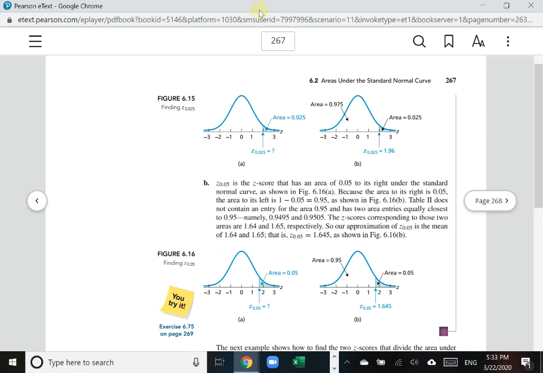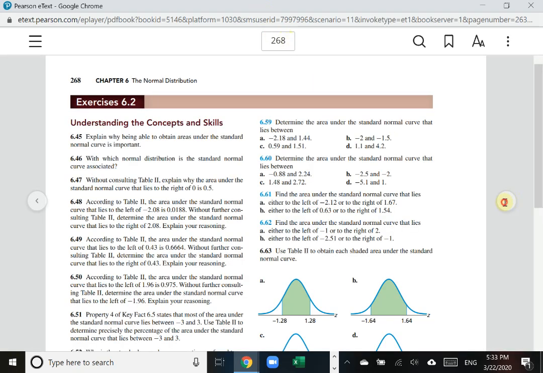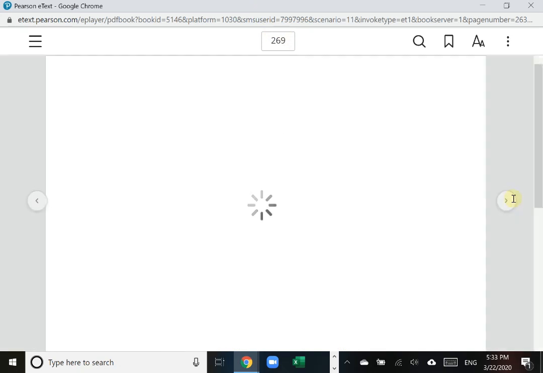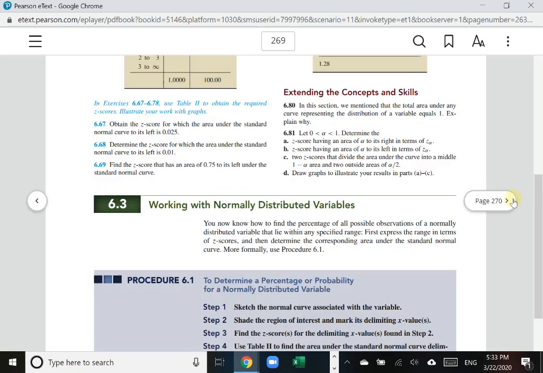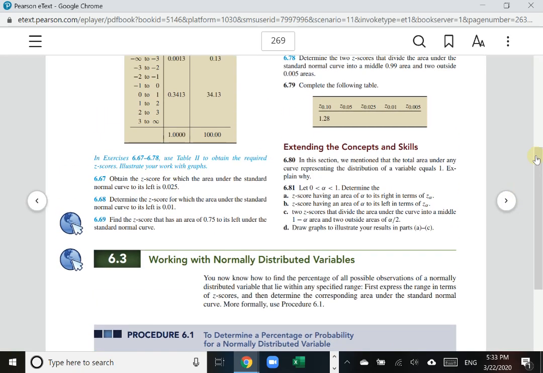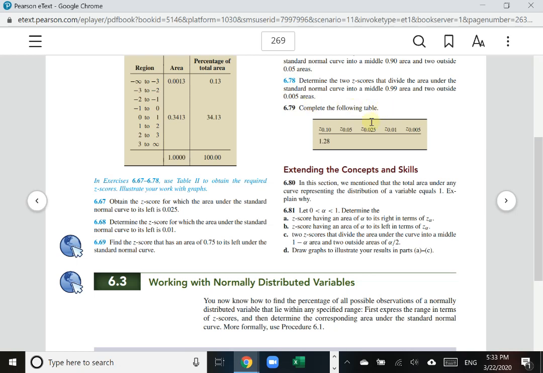This exercise is on page 269. Okay. And it's exercise number 79. And there you go. This is the exercise right in here, number 79. It says find z of 0.1, which we already found, for example. Then we want to find z of 0.5, 0.25, 0.1, and 0.05.